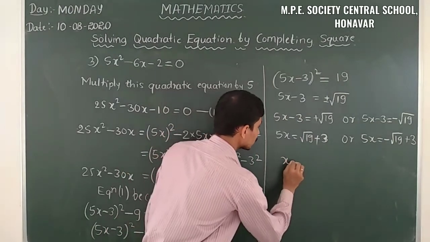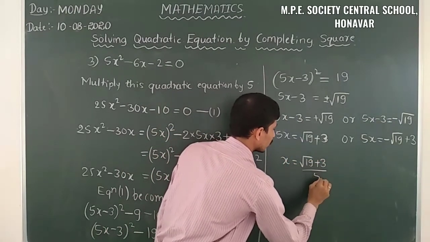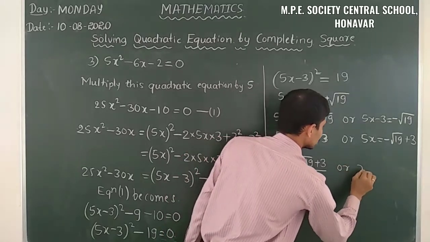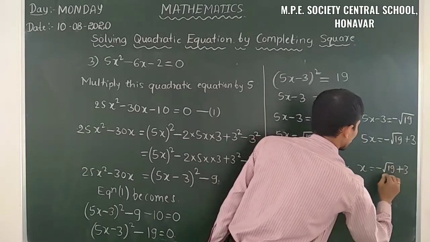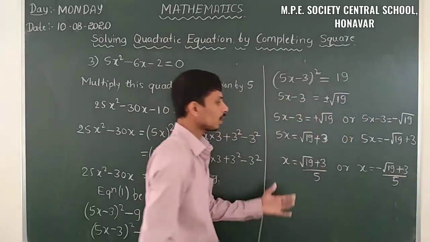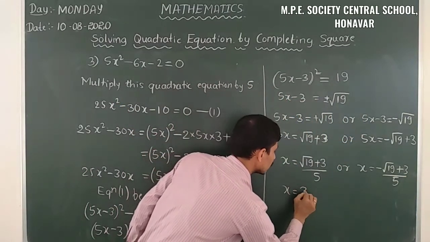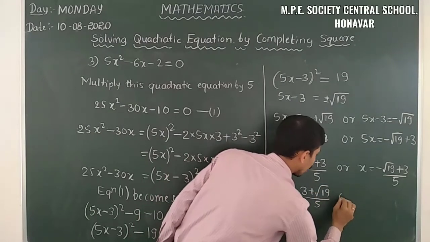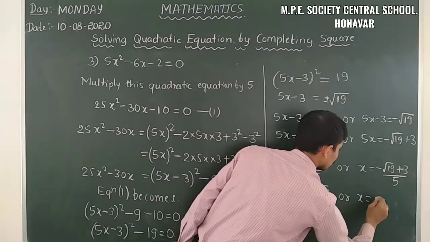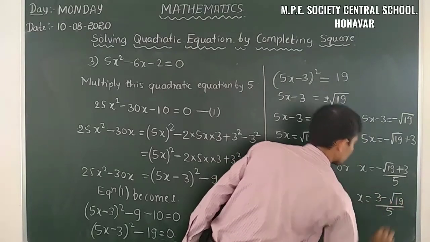That is x is equal to root 19 plus 3 divided by 5, or x is equal to minus root 19 plus 3 divided by 5. We can reshuffle that: x is equal to 3 plus root 19 divided by 5, or x is equal to 3 minus root 19 divided by 5.